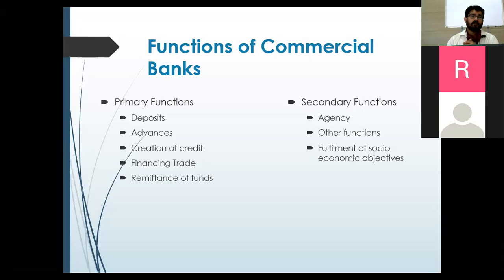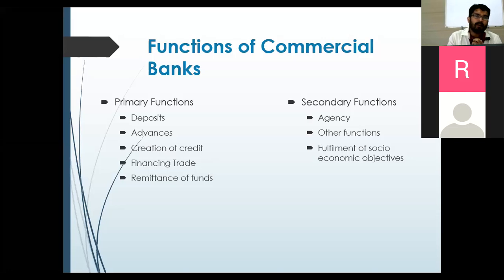Next is purchase and sale of shares and securities on behalf of you. Some of the banks are also into investment banking, where they perform the functions of an agent to buy and sell securities on behalf of the customers. Suppose you have an account with ICICI Bank and you have also given them the rights to invest money into shares, like you have allotted certain funds to invest into shares and securities.